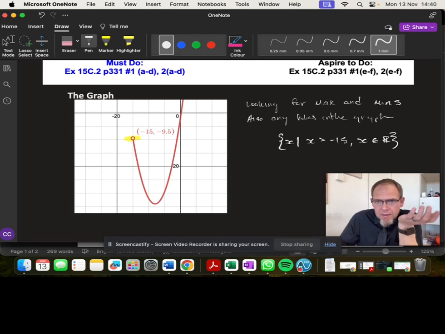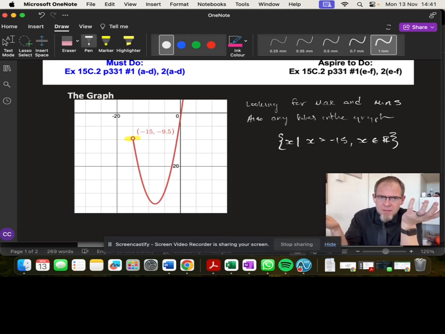Again, we use strictly greater than because the dot has a hole in it. So it means that it goes right up to negative 15, but it never actually is negative 15. It's like negative 14.9999999, but it won't ever actually hit negative 15.